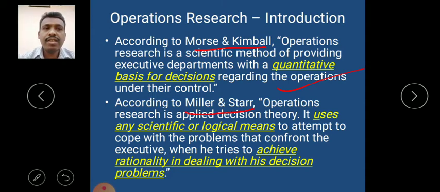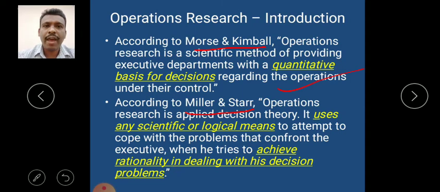Similarly, one more definition is given by Miller and Stahl. The definition is operations research is applied decision theory. It is a decision theory where application of analytical things are done. So operations research is applied decision theory. It uses any scientific and logical means. It is not restricted only to mathematics or statistics. You can use any scientific or logical means to attempt to cope with the problems that confront the executive when he tries to achieve rationality in dealing with his decision problems.